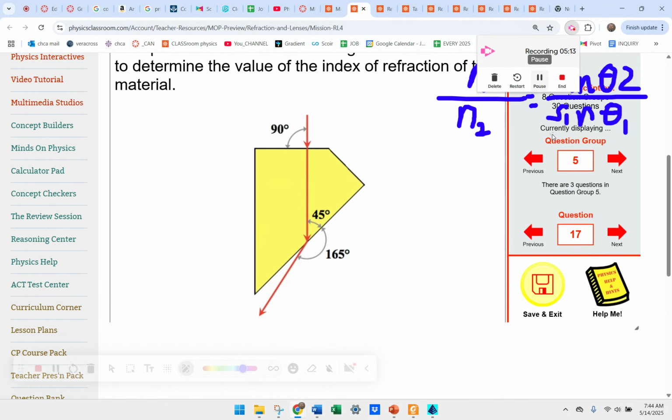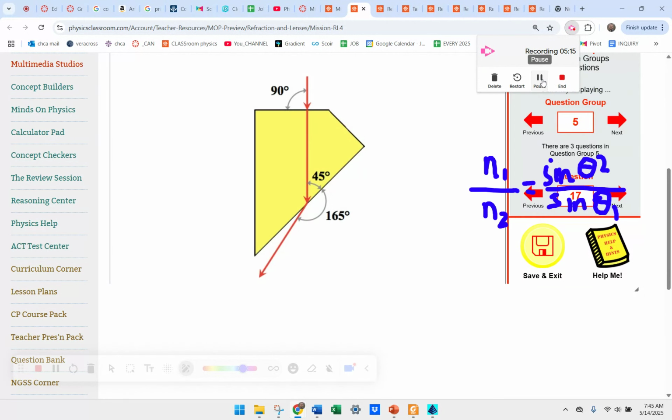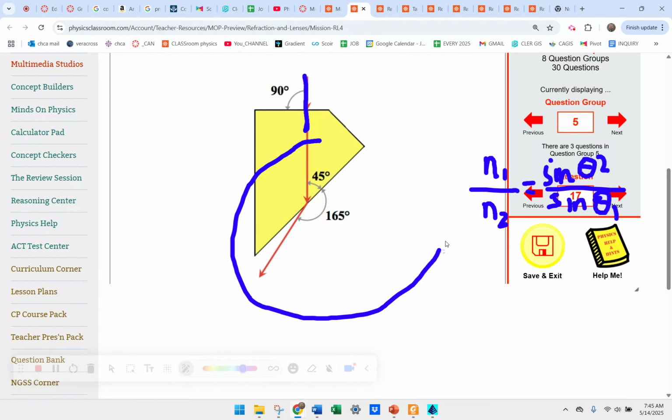I think it works best. I think when we're doing this, it works best just to use n1 over n2 in this format, and I kind of have it written here. And when you're looking at this, to start with, there's no real refraction happening here. The angle's 90, so you kind of have to ignore what's going on here. And you really need to zero in on this situation right here.